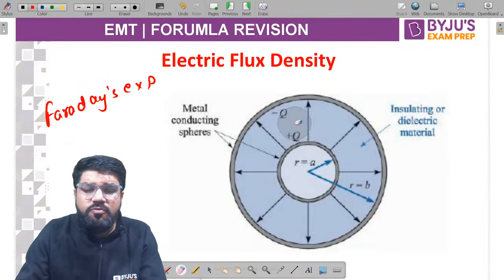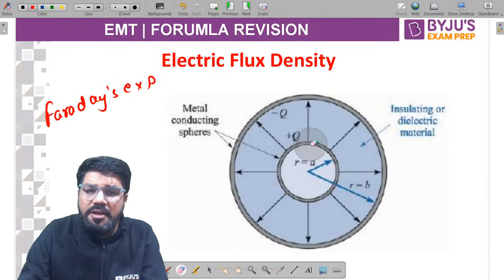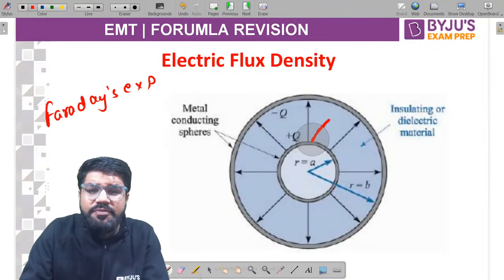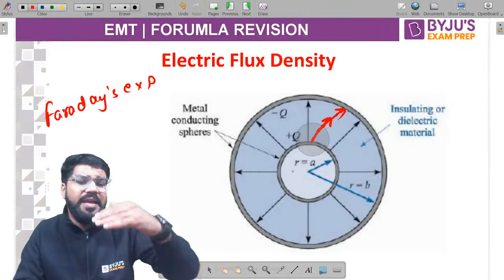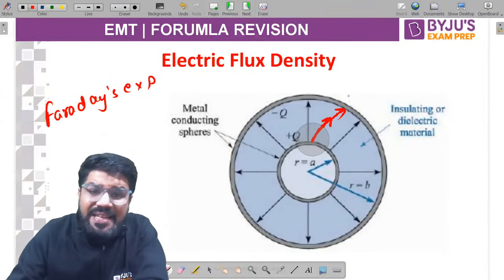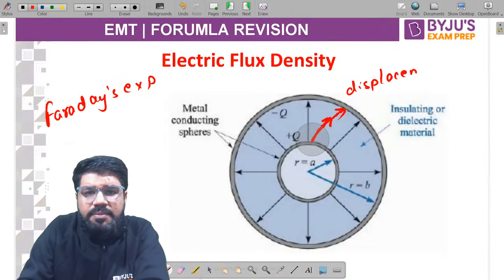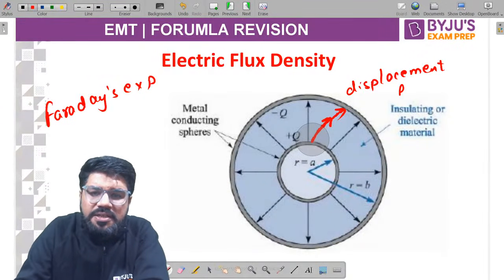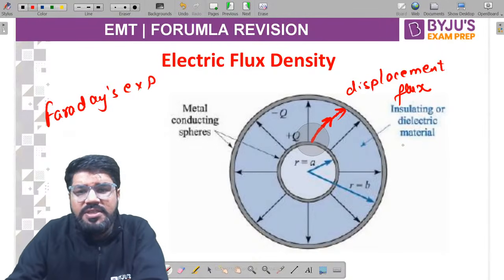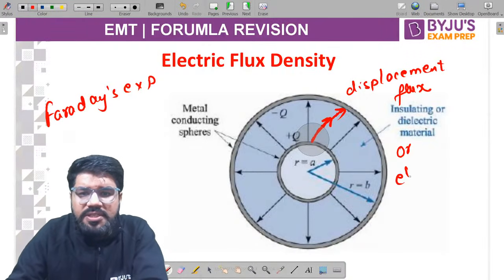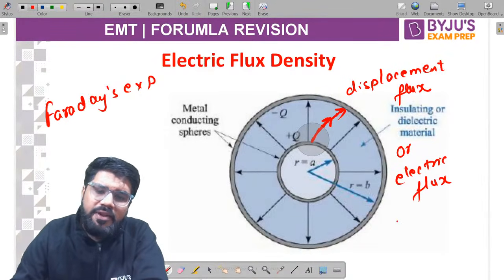Faraday concluded that there is some sort of movement. There was no charge on the outer sphere, only the charge from the inner sphere, so there is some displacement of the charge from the inner body to the outer body. This displacement of charge was named displacement flux, or simply electric flux, Xi.